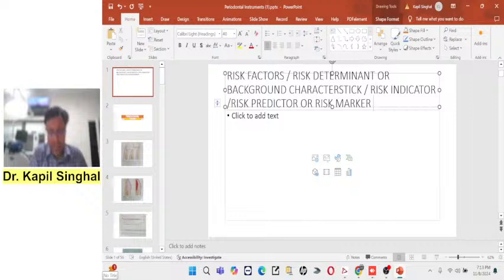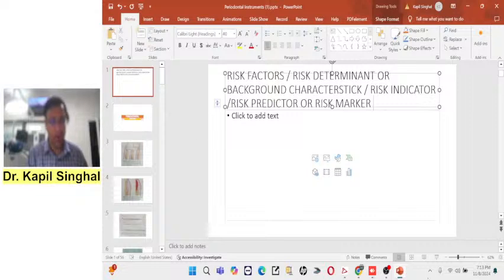The examples are previous history of periodontal disease and bleeding on probing. Okay, so please remember all these four factors. They are important from exam point of view.